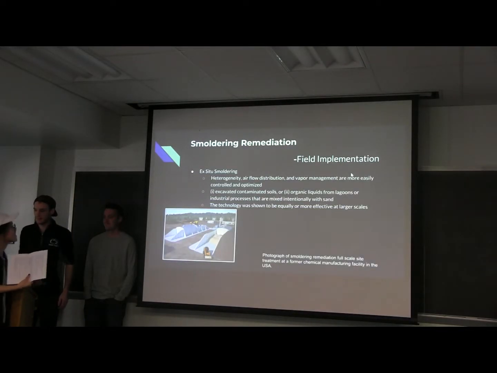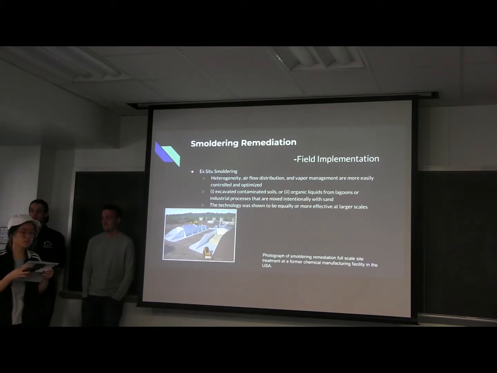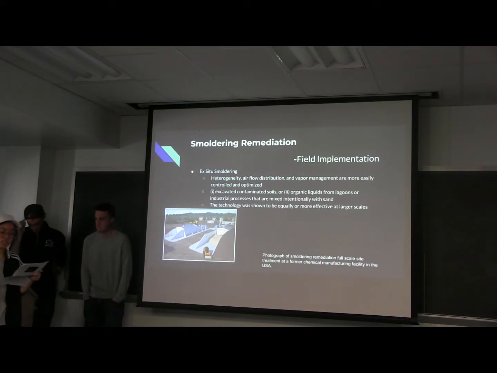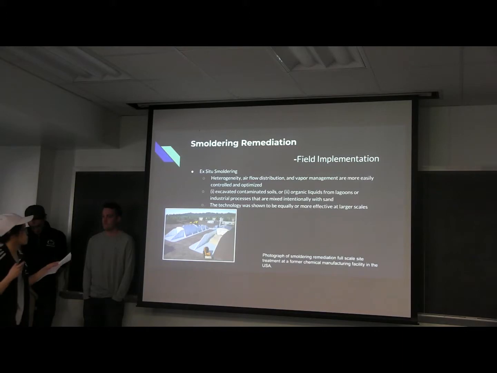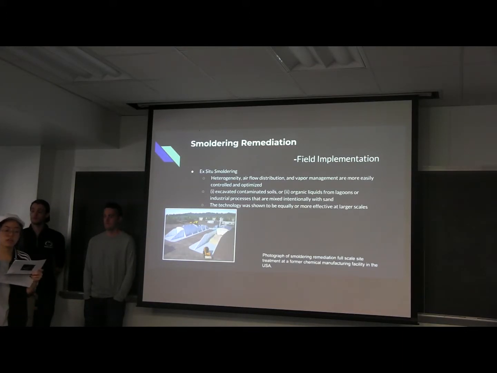And the second type of field implementation is ex situ smoldering. Ex situ smoldering is relatively straightforward because the issues associated with heterogeneity, airflow distribution, and vapor management are more easily controlled and optimized.